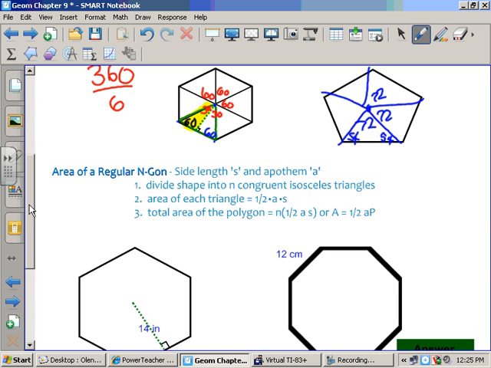So 1/2 times the apothem, which is the height, times the length of the side, which is the base, that's the area of the triangle, right? And n is always the number of sides. So you take the area of the triangle times the number of sides, and that should give you the area of the whole thing. Well, if I took the length of this side, which is s, and multiplied it by the total number of sides, what does that give me?